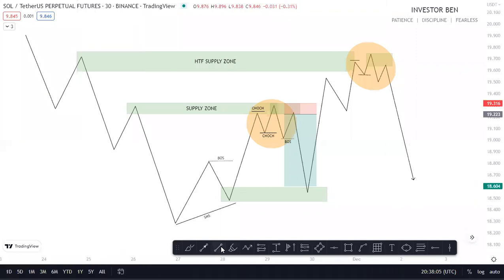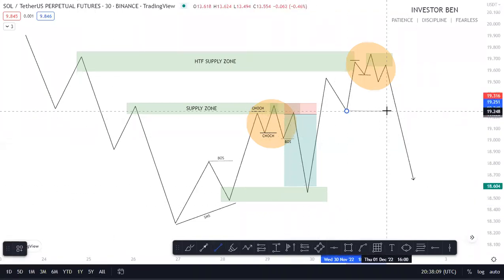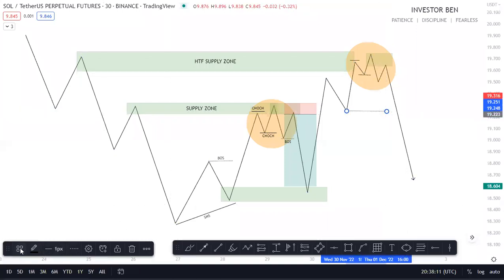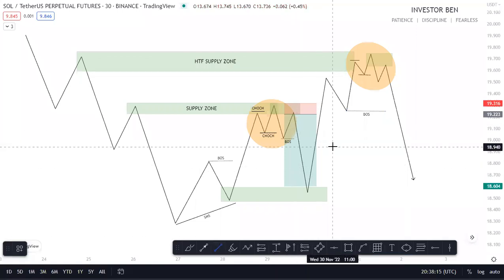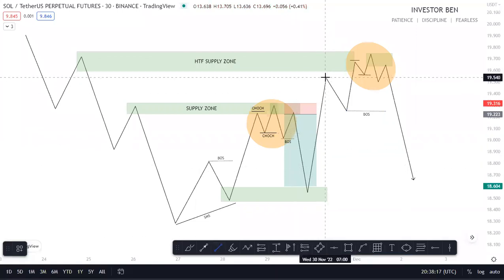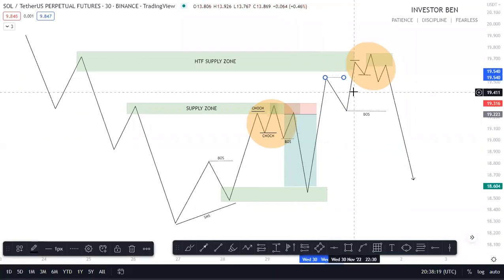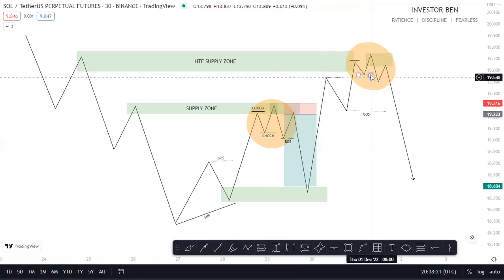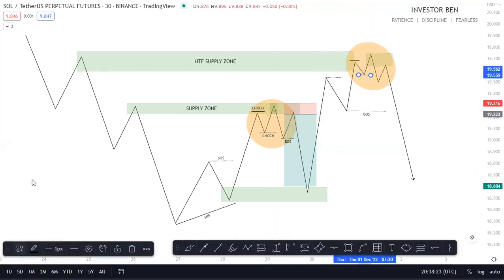You will see minor BOS. All of these fractal structures, this is a major swing. So you see this is a BOS here, BOS to the downside. I'm trying to show you levels before I explain this.